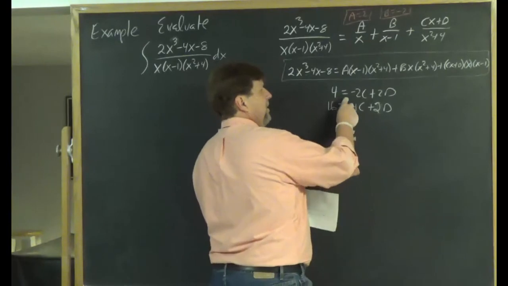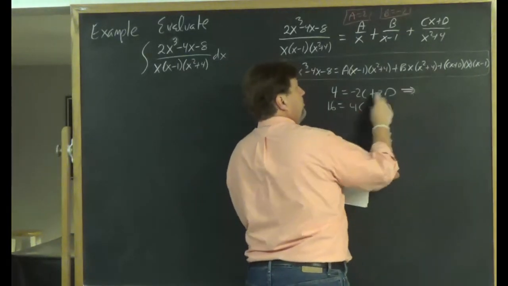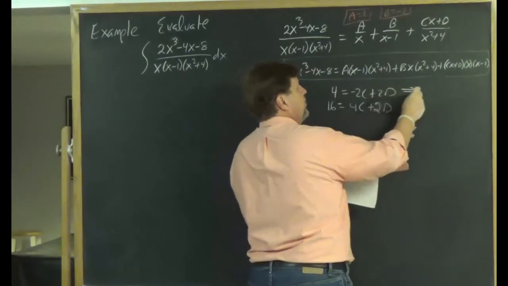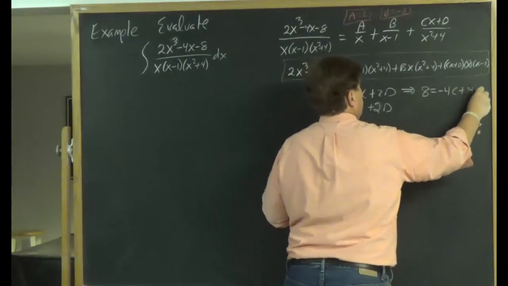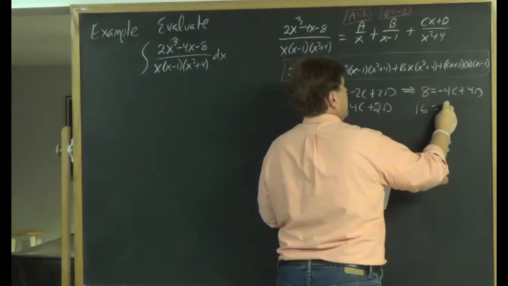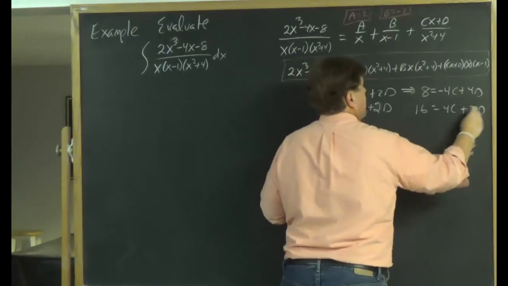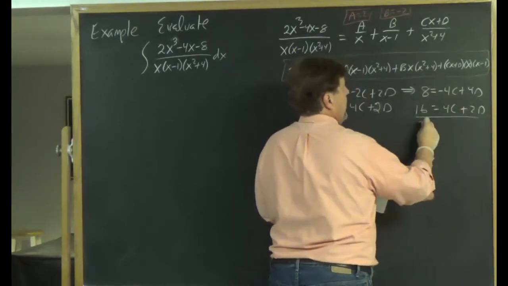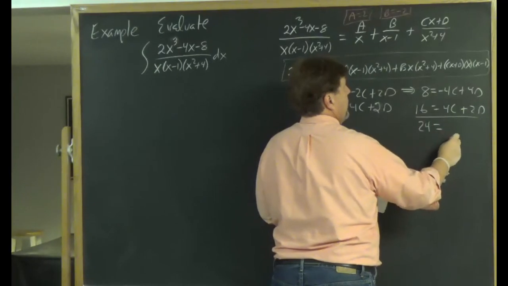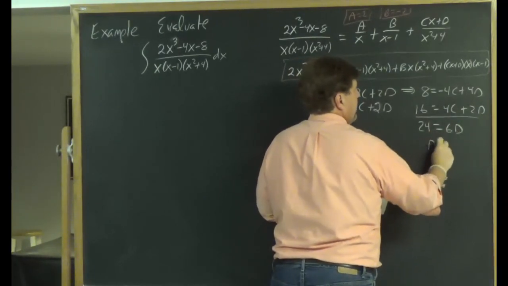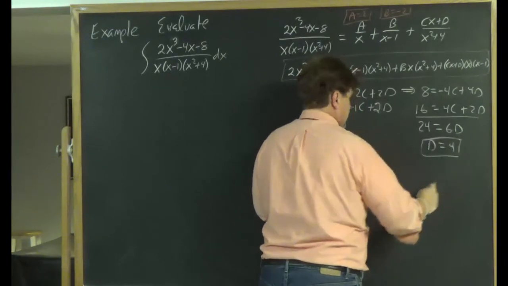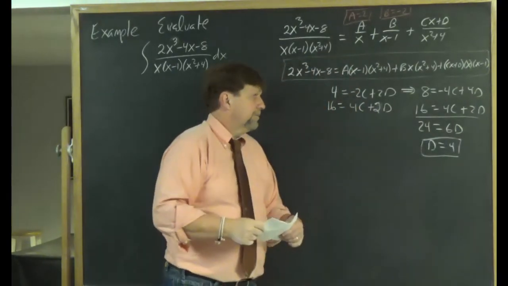The elimination method says I would multiply both sides of the first equation by 2, and after I do that, I add the two equations together to get 24 equals 6d. Divide by 6, we get d is equal to 4.